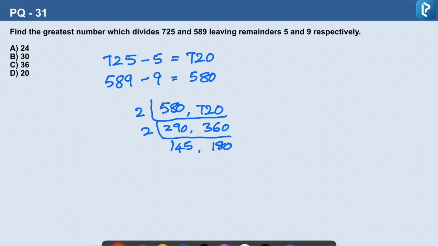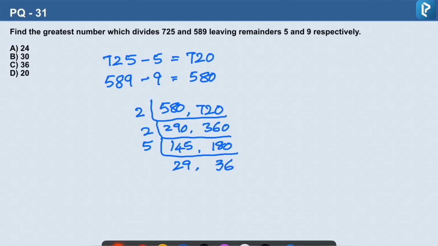Now these two numbers are not divisible by 2 or 3, but they are divisible by 5. 5 twos are 10, 5 nines are 45, so we get 29 and 36. That is, 145 divided by 5 is 29 and 180 divided by 5 is 36.